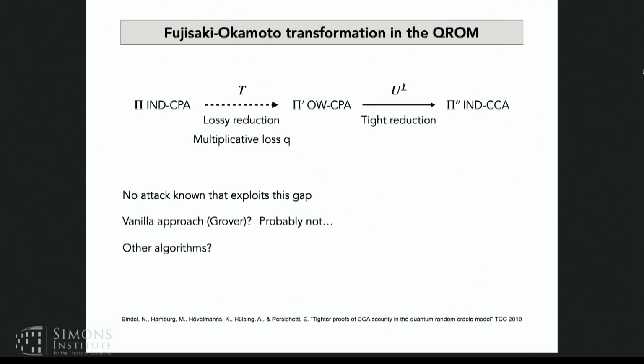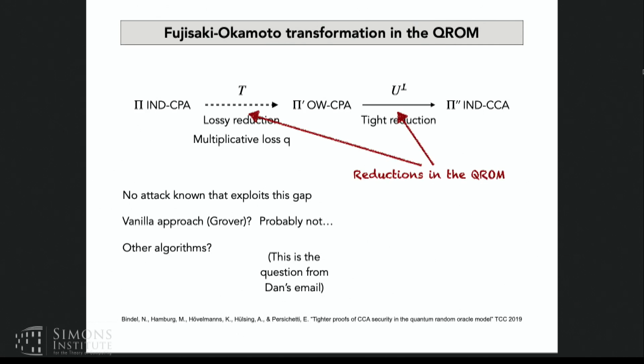Now the question is, of course, can we apply any other algorithm? And this is exactly the question that Dan asked in an email that was sent to the participants of the program. Just another remark: of course, the same caveat applies with respect to the quantum random oracle model as well.